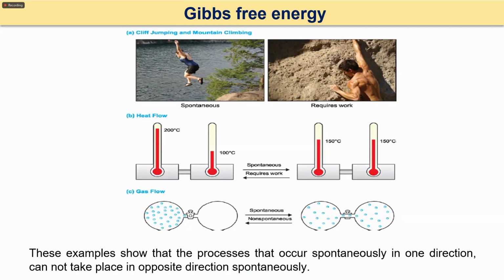If you are on top of a cliff, jumping will be easy for you. So it is spontaneous, because you can easily jump from there. But if you are climbing a mountain, you will have to work.